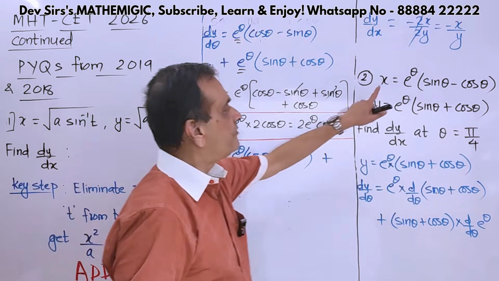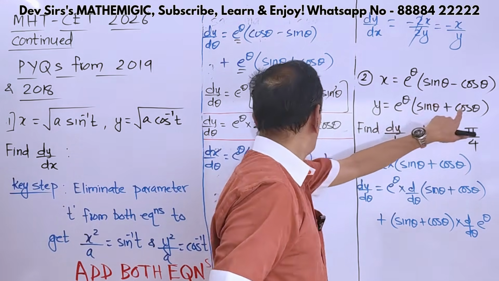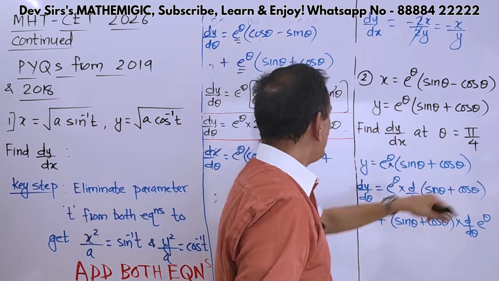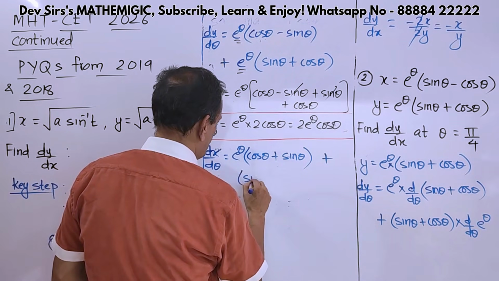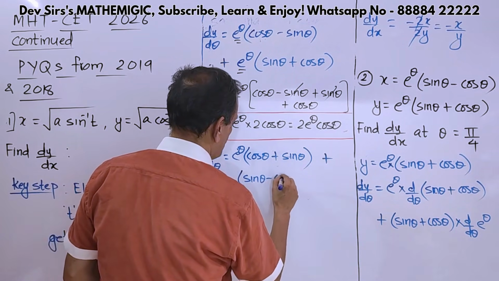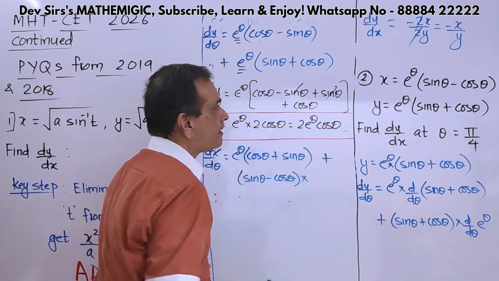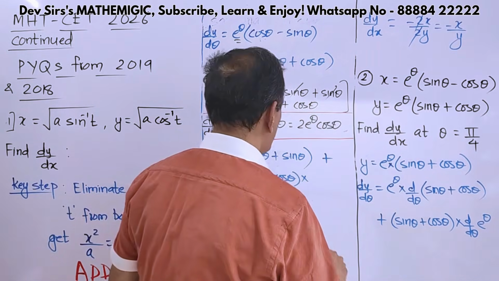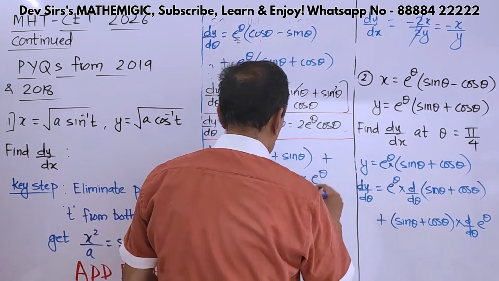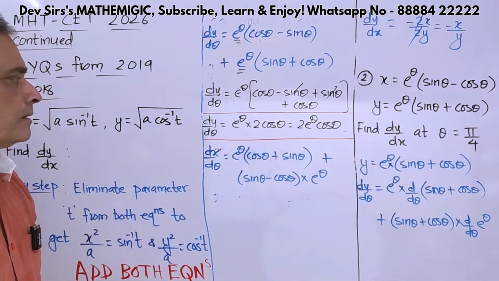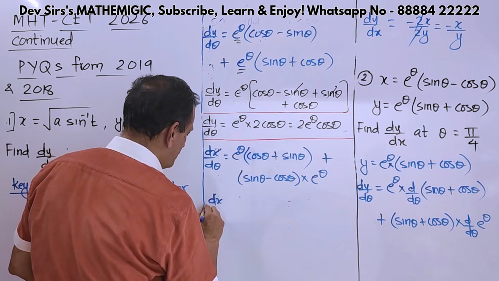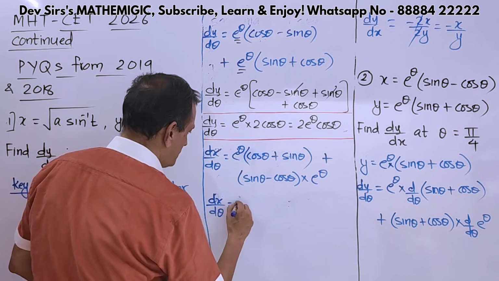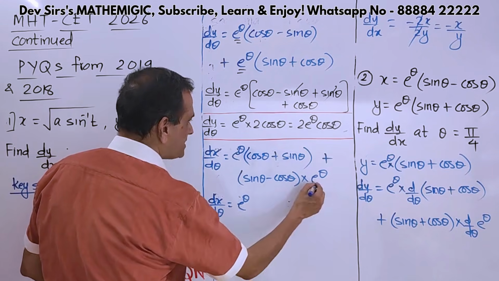Okay. First function derivative of second, right? Plus second function, that is, keep it the same. Derivative of e raised to theta is e raised to theta. Take out e raised to theta common. Yeah, same.